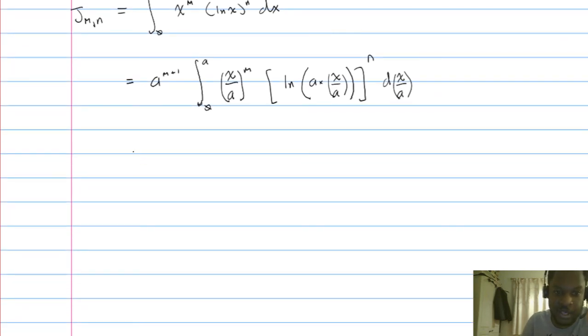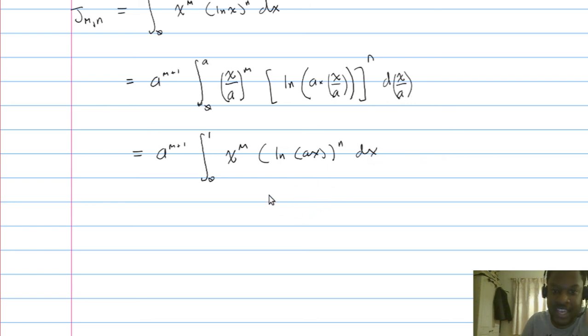So now, I want you to think about this for a second, but this integral is the same as the integral from 0 to 1 of x to the m times the natural logarithm of ax all to the n with respect to x.